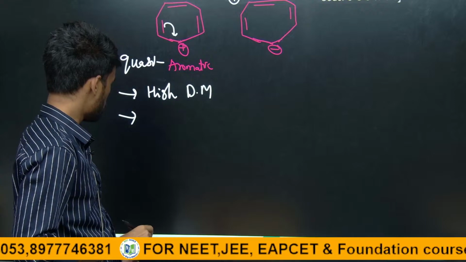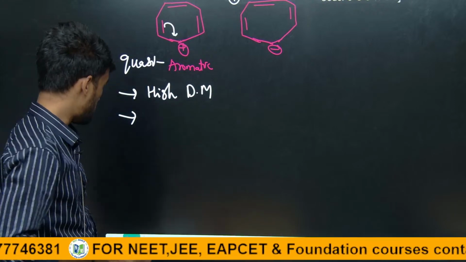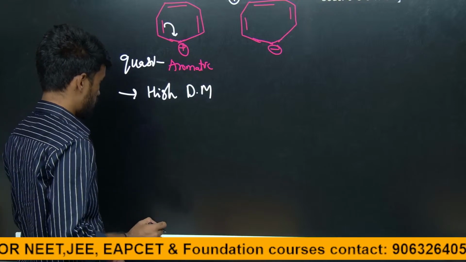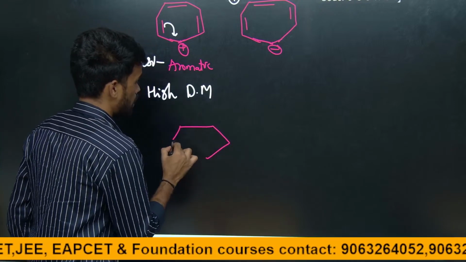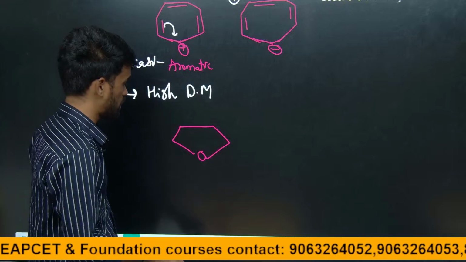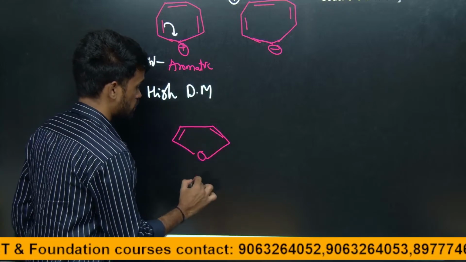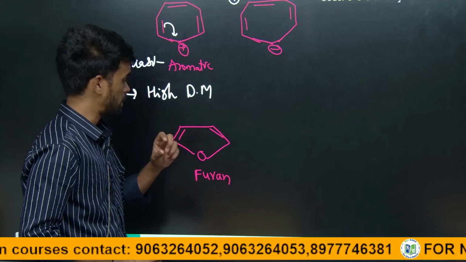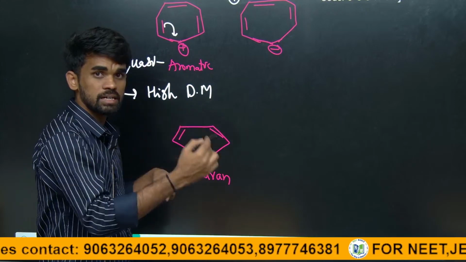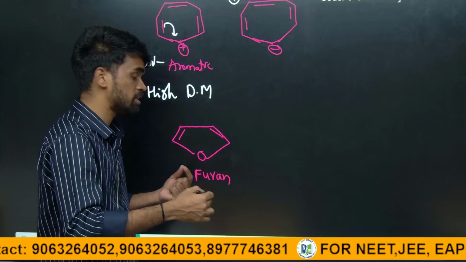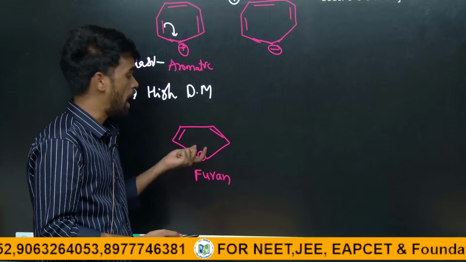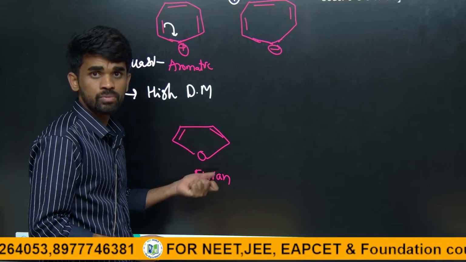Now there are some hetero-aromatic compounds, heterocyclic aromatic compounds. It means there is at least one heteroatom in the given compound. So, this is called furan. Other than carbon, if the given compound contains any atom other than carbon and hydrogen, we can say that is a heteroatom, and the compound is a heterocyclic compound.